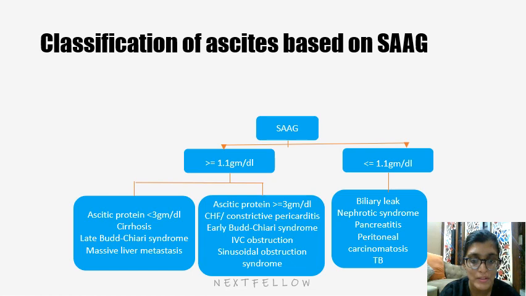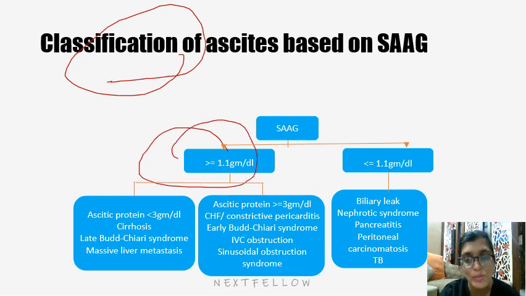So this is a very important slide. Based on the SAG ratio: if it is less than or equal to 1.1, there is biliary leak, nephrotic syndrome, pancreatitis, peritoneal carcinomatosis, and tuberculosis.